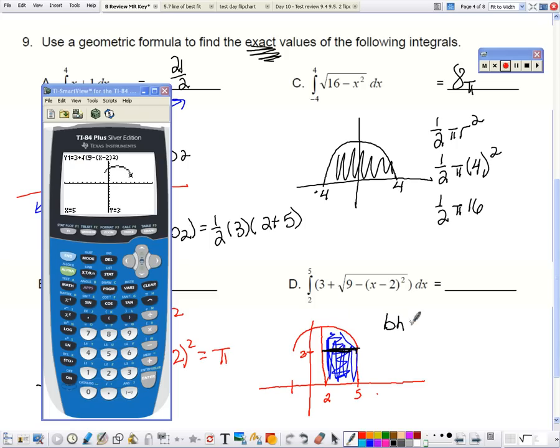So the rectangle is base times height, and then the quarter circle is a quarter pi r squared. So this is 3 by 3, so that's 9. And the radius here is 3. So simplifying, I have 9 plus 9/4 pi. And that is our area.